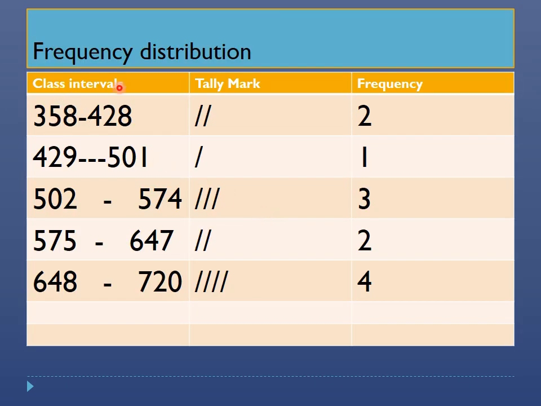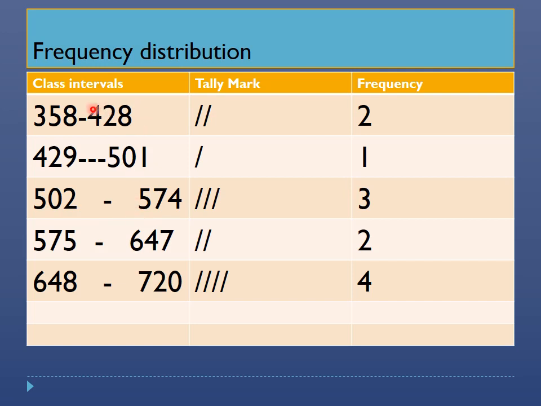And now the class intervals. According to our data, we will write 358 to 428. Second class interval, 429 to 501, then 502 to 574. These are the class intervals, or groups, or classes, we can say.